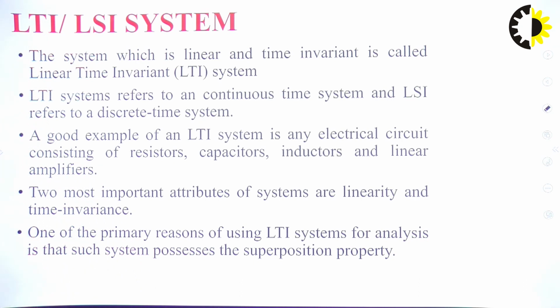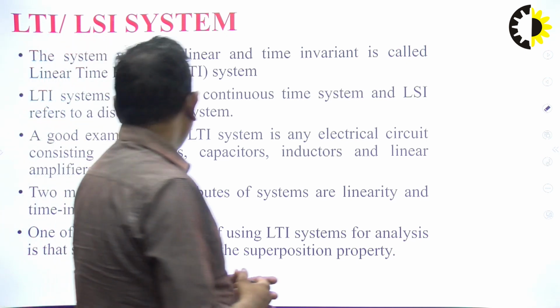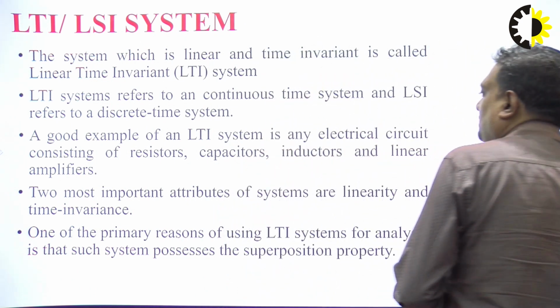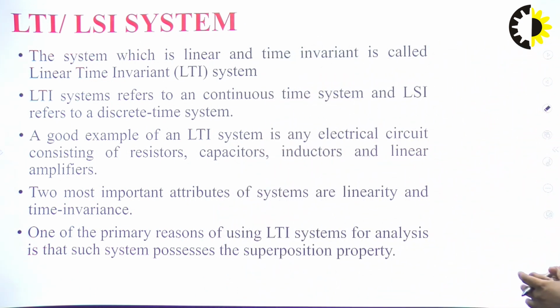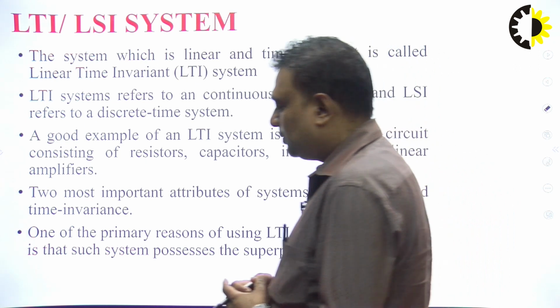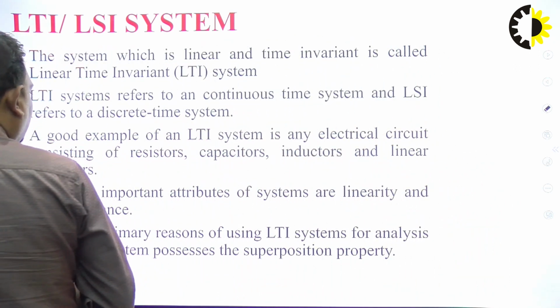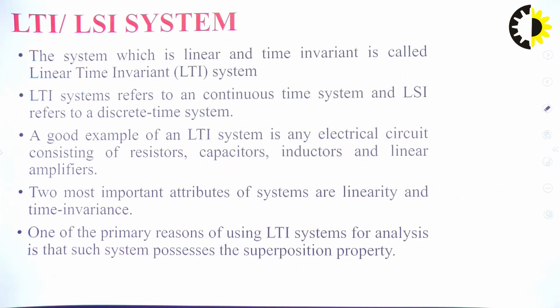The popular name for both types is LTI systems. A good example of an LTI system is any electrical circuit consisting of resistors, capacitors, inductors and linear amplifiers; such a system falls under the category of LTI systems.